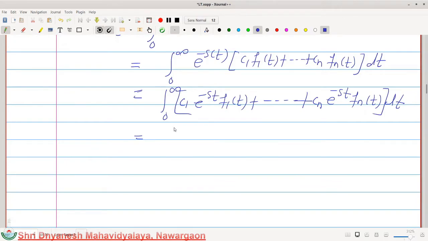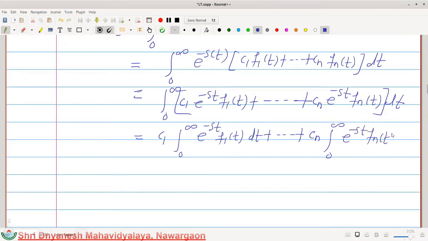So by using that you will get c1 integration from 0 to infinity e to the power minus st f1(t) dt plus so on cn into integration of e to the power minus st fn(t) dt.